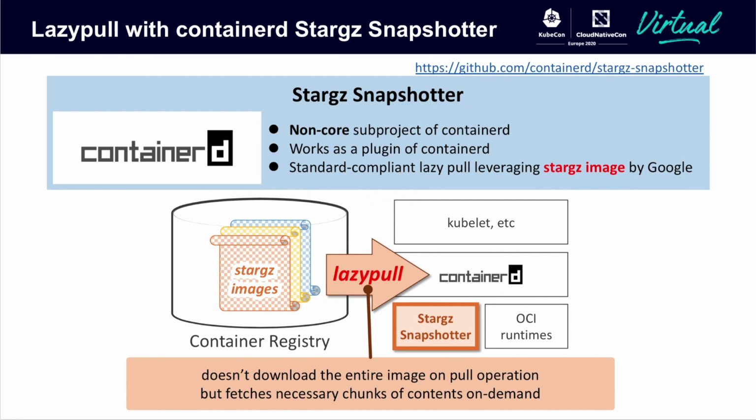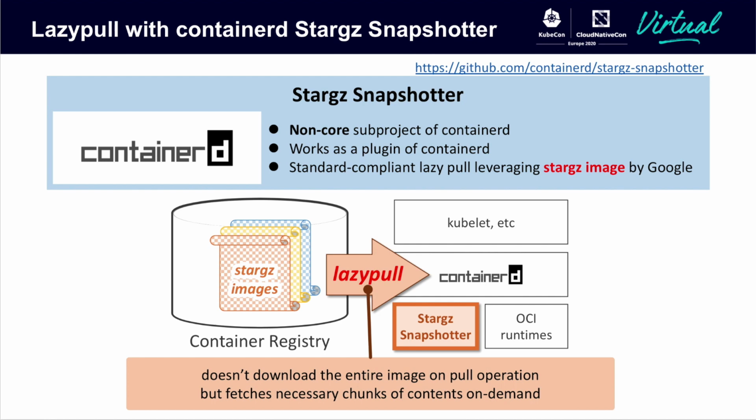The Stargz Snapshotter is a non-core project of Containerd. Containerd is a container runtime project in CNCF, which is also used by Docker. Stargz Snapshotter is a plugin for Containerd which provides lazy-pull functionality for Containerd. And lazy-pull here means Containerd doesn't download the entire image on pull operation, but fetches necessary chunks of contents on demand.